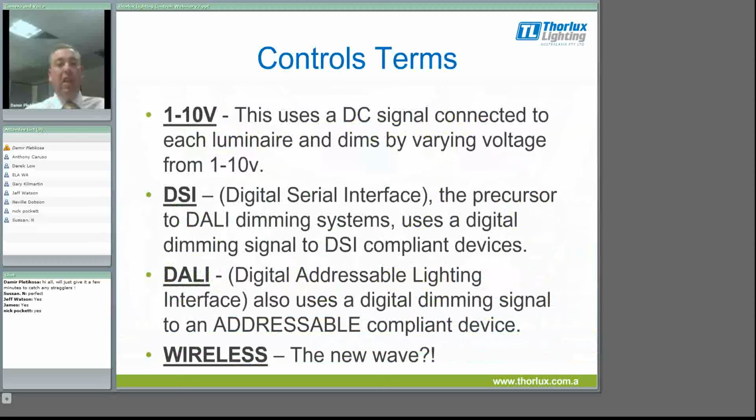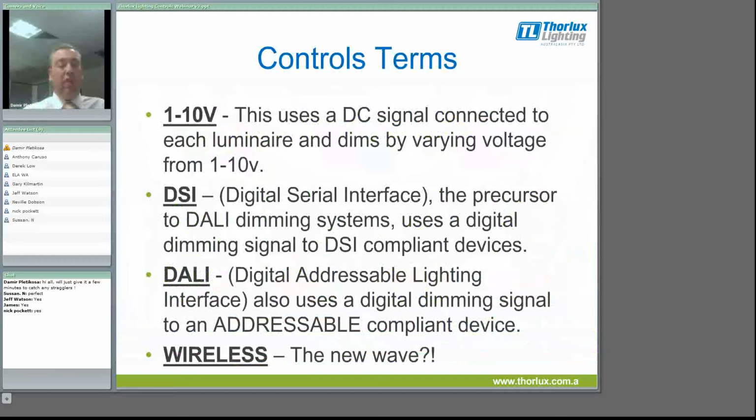Some of the terms that we're using in controls: we've got 1 to 10 volt, so this uses a DC signal connected to each luminaire and dims by varying the voltage from 1 volt to 10 volts.